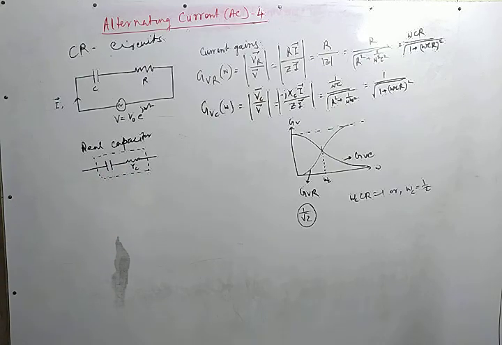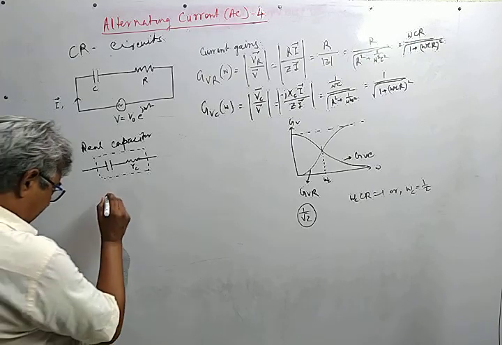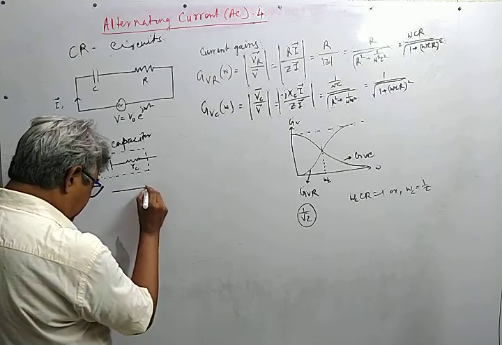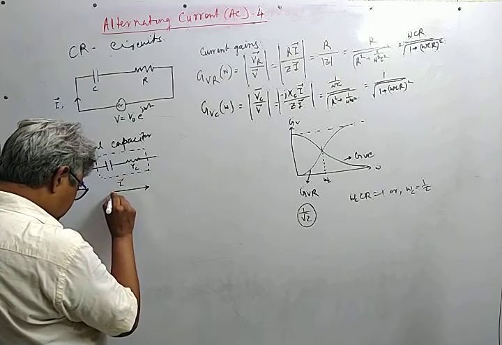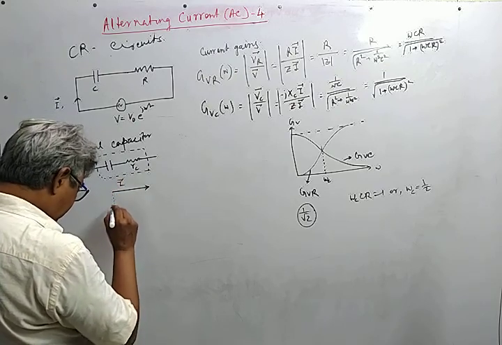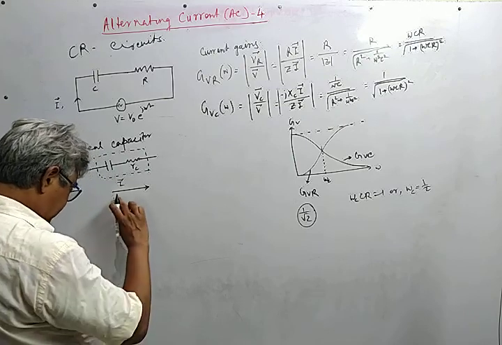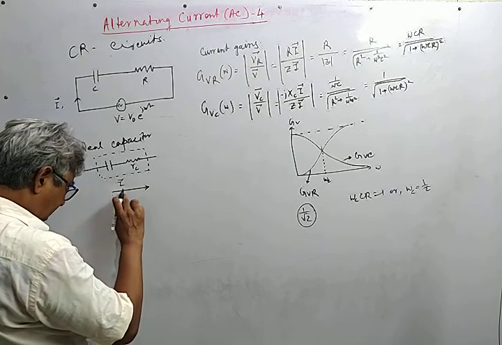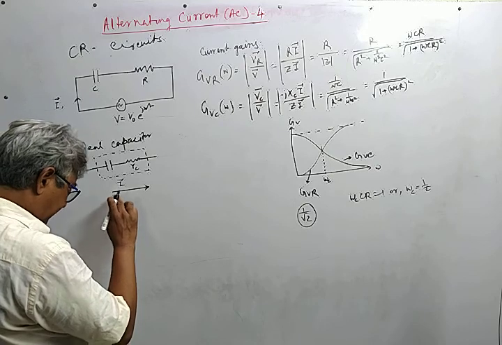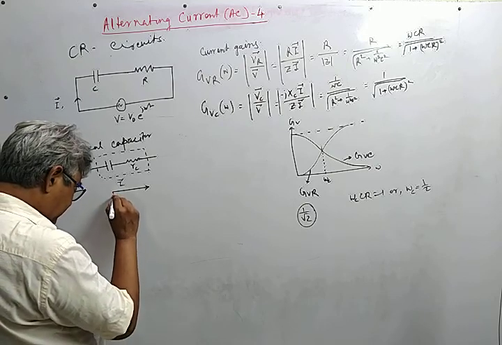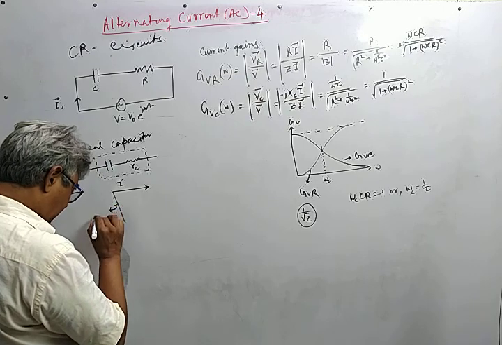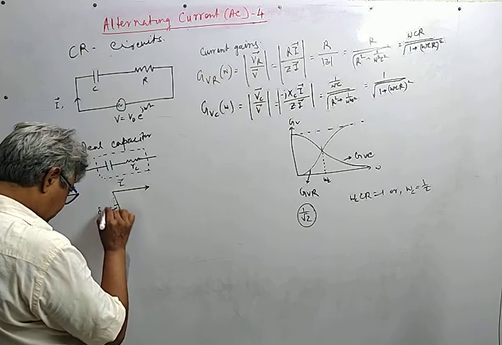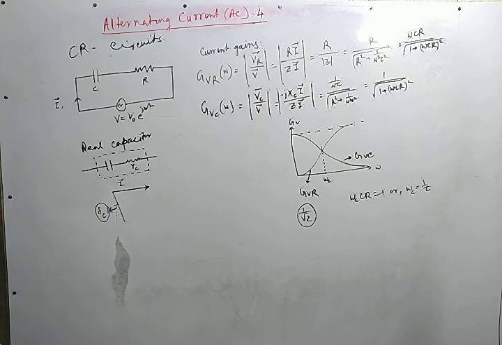So if this is the current phasor, instead of the capacitive voltage being at 90 degrees from it, it deviates from 90 degrees by a small amount, and this is known as the loss angle for the capacitor.